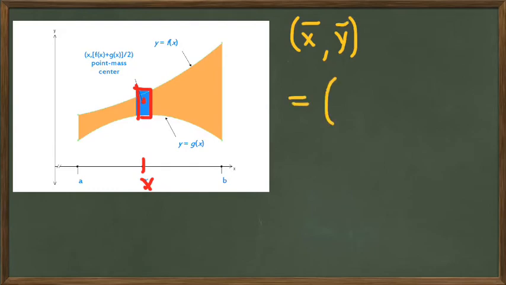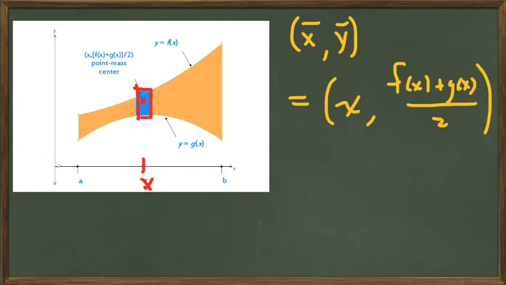So the x center of mass is just x, and the y center of mass is going to be the average height, which is f of x plus g of x divided by 2, which is denoted in the picture on page 132 in your text.